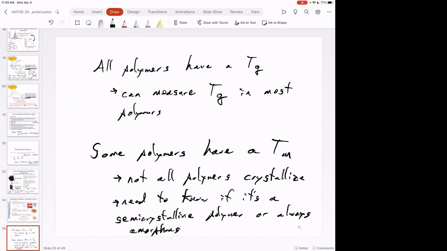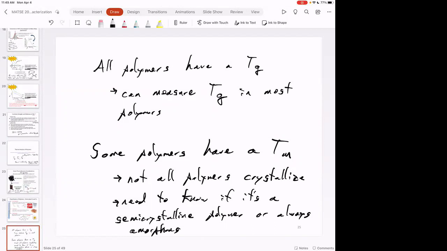Isotactic polystyrene, did I just say atactic polypropylene or did I say polystyrene? Atactic polystyrene. Okay, atactic polystyrene is always amorphous. Isotactic polystyrene made using coordination chemistry is semi-crystalline. So you can take the same molecule, make it a different way, add in tacticity, and then it will crystallize because it's a much more regular structure.